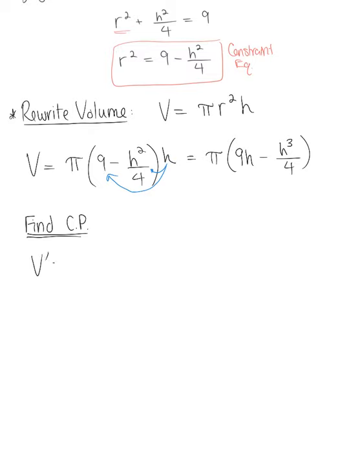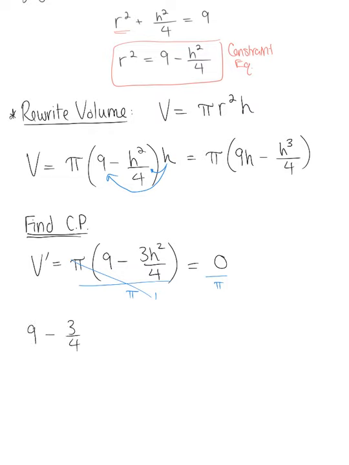So differentiating first, we have the derivative of volume here is going to be equal to pi multiplied by 9 minus 3 times the height squared over 4. And we can now set this equal to 0 and solve for h. So setting this equal to 0, we can divide both sides of the equation by pi, which leaves us with 9 minus 3/4 times the height squared is equal to 0.